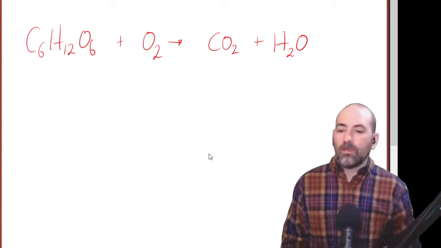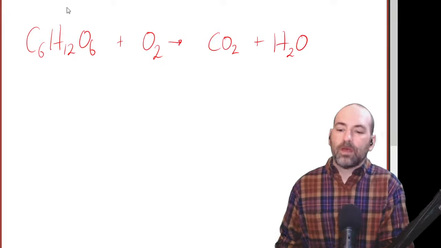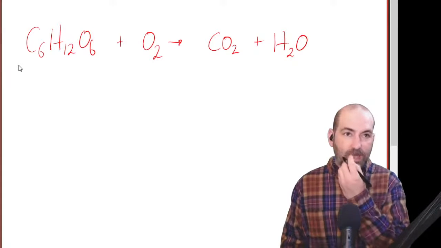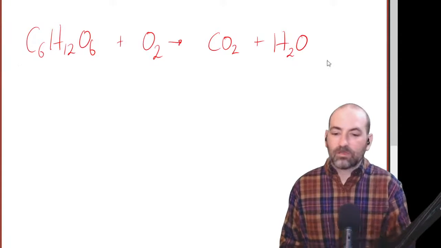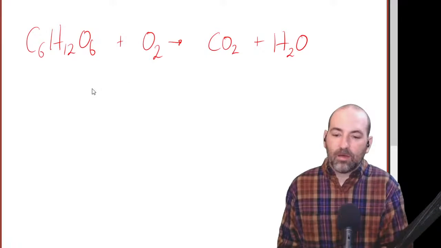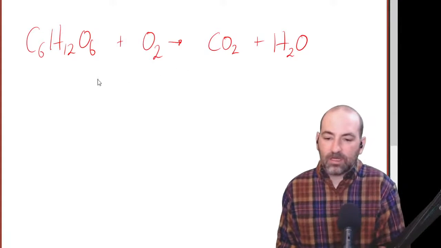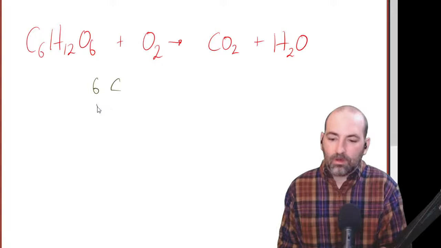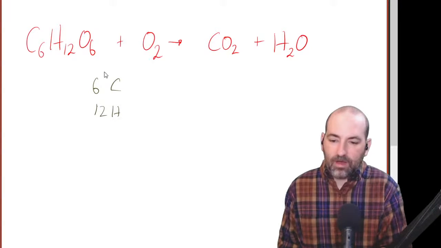Okay. And now we have to balance equations. There was a balancing equation activity last week, so hopefully you got some practice with that. We're going to count up the atoms on each side. So this side has 6 carbons, 12 hydrogens, and 18 oxygens.